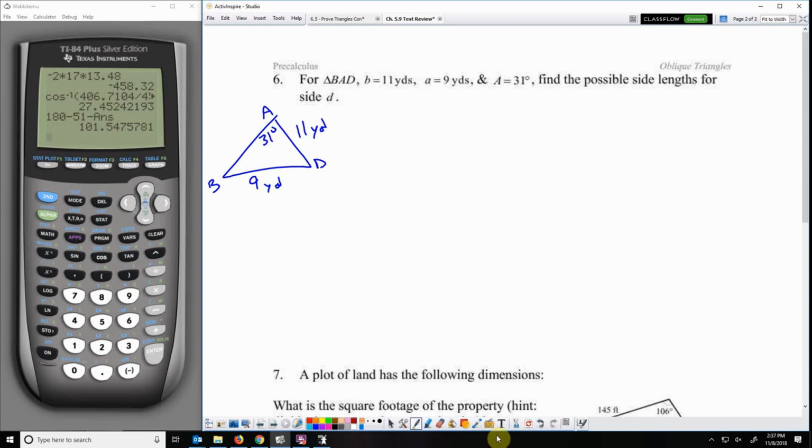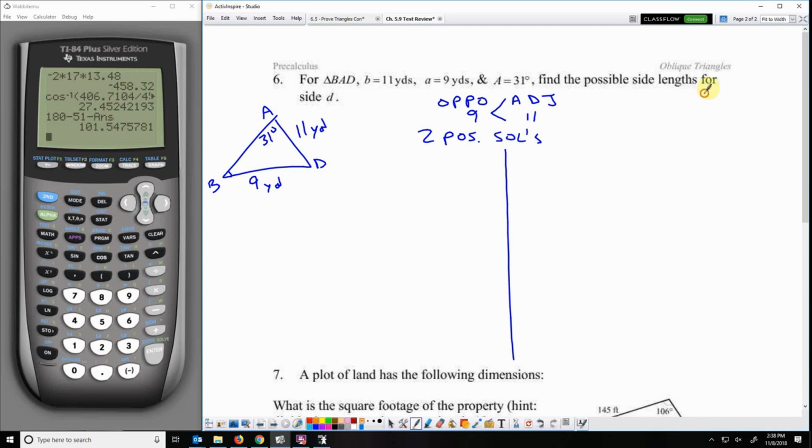So I'm going to be stuck using the law of sines to find this angle measure. Anytime I use law of sines to find an angle measure, I have to compare opposite to adjacent. Okay, in this case, opposite of this 31 degree angle is 9. The adjacent is 11. The opposite is less than the adjacent, which means there are 2 possible solutions.